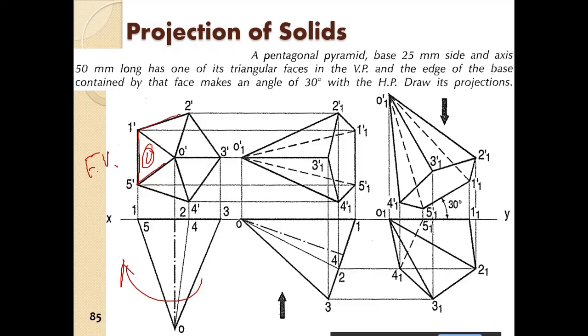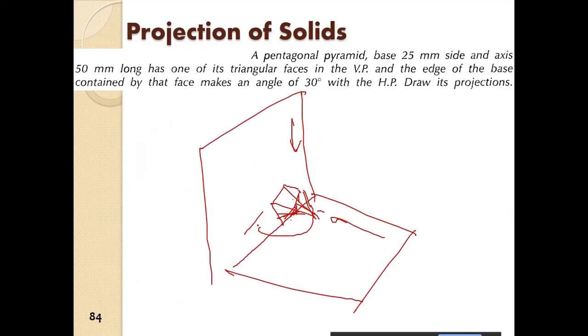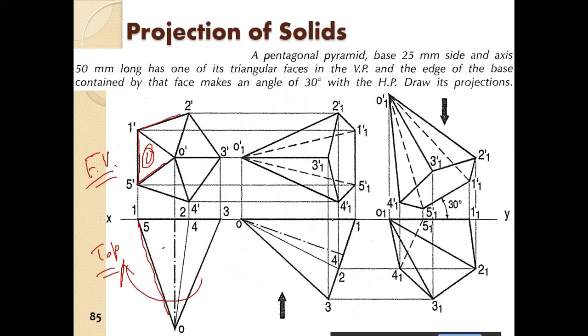So this is the front view and this is the top view. Then it is rotated such that one of the triangular faces gets attached to the VP. So now it is attached like this to the VP. Sorry, this is the top view.